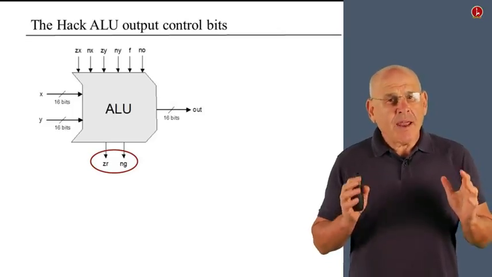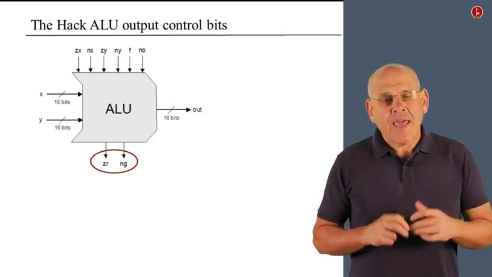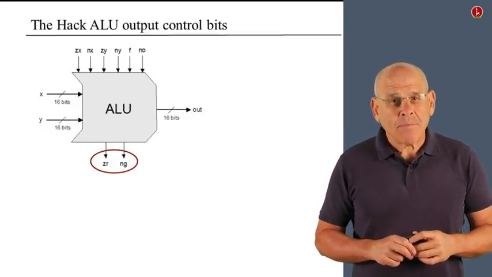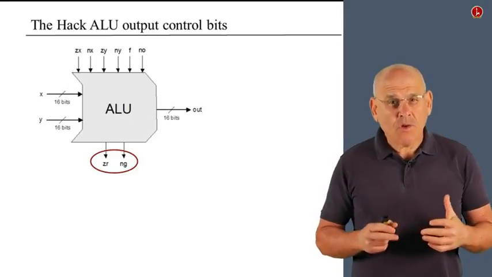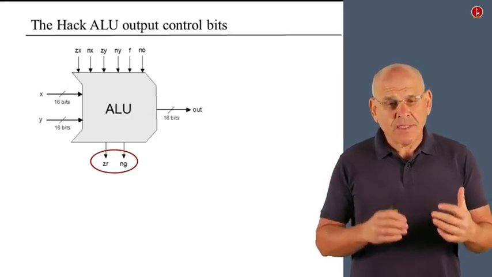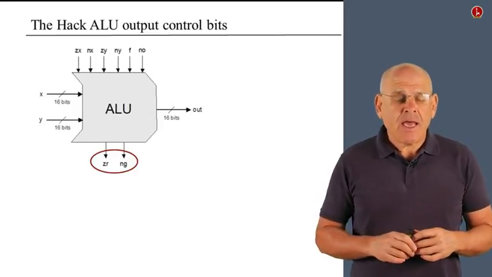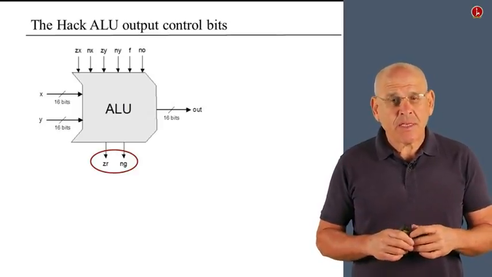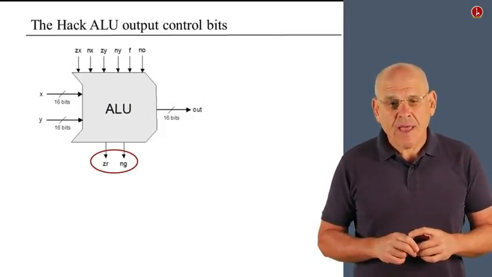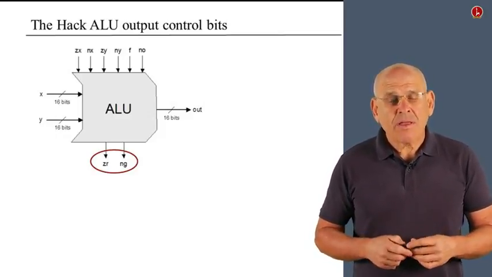Now, as we said earlier in the unit, the ALU also computes and outputs 2 1-bit output control bits, called ZR and NG, and the role of these bits is to say something about the main output of the ALU, denoted out.